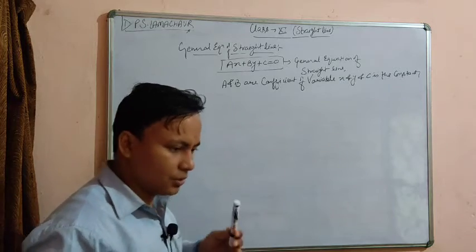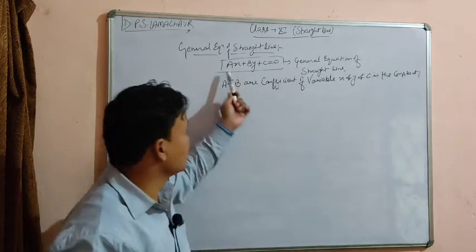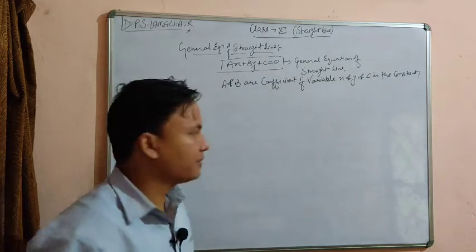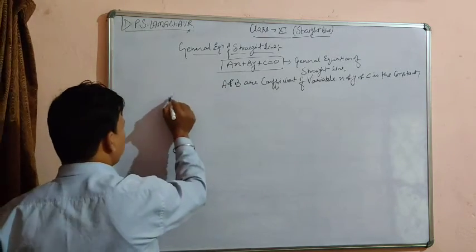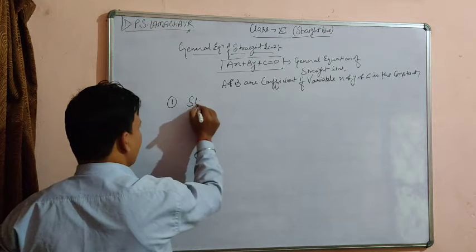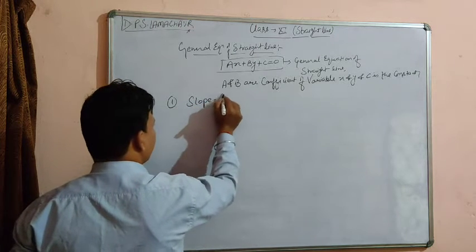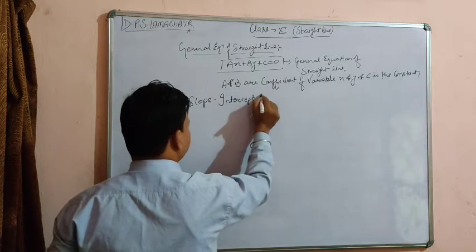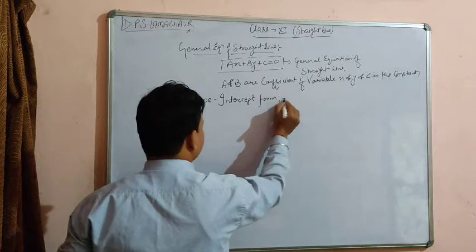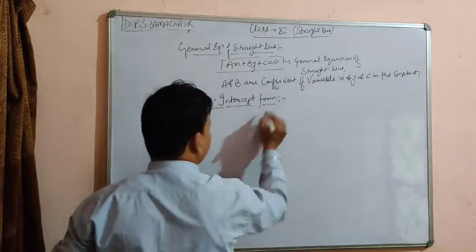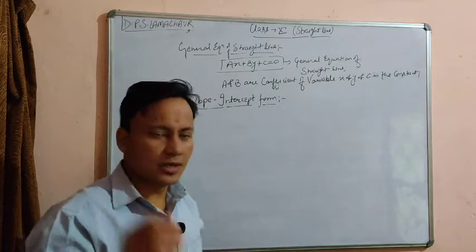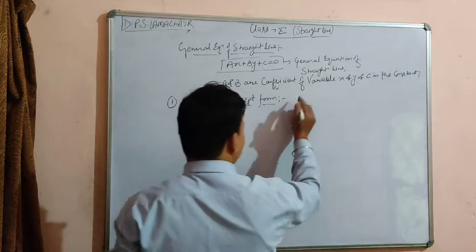Now how to reduce this general equation of straight line into the various forms of straight line? So have a look. The very first form of straight line is the slope intercept form.